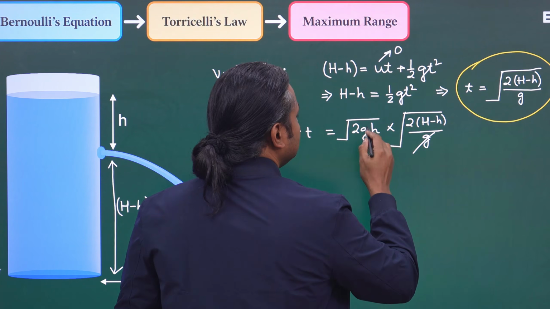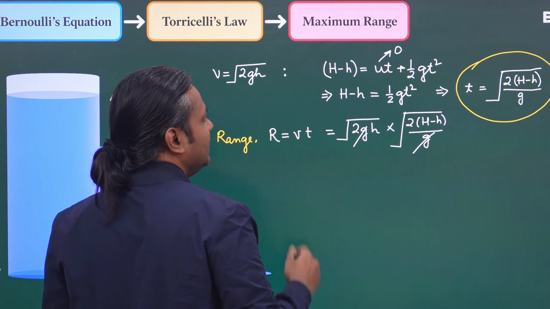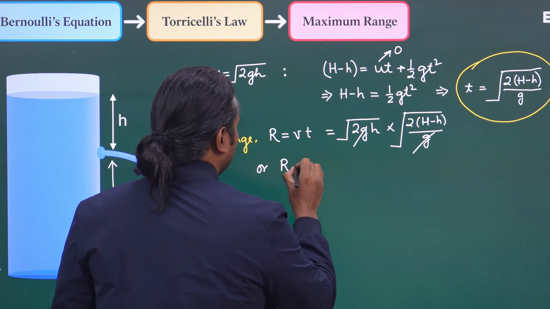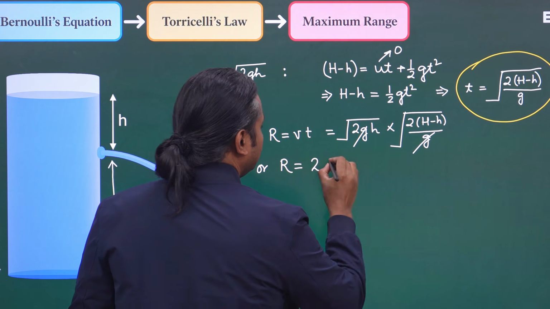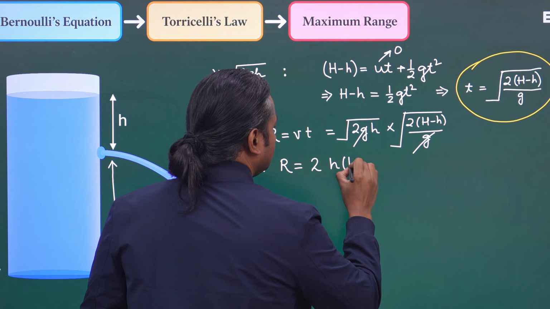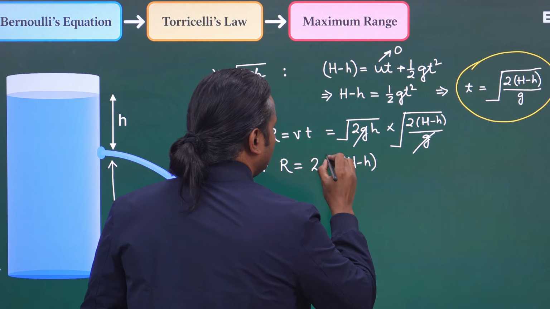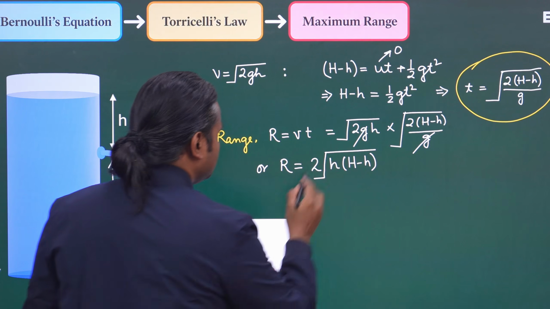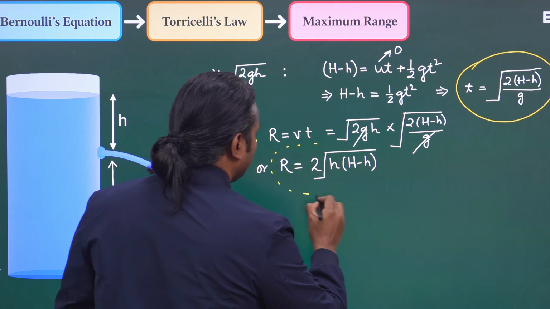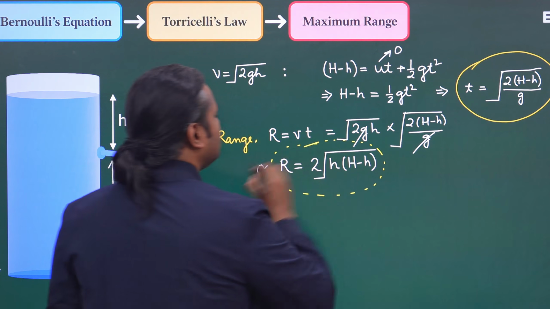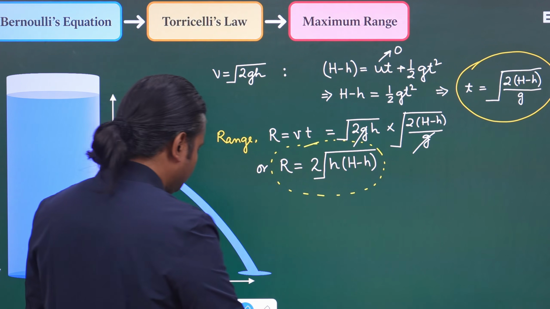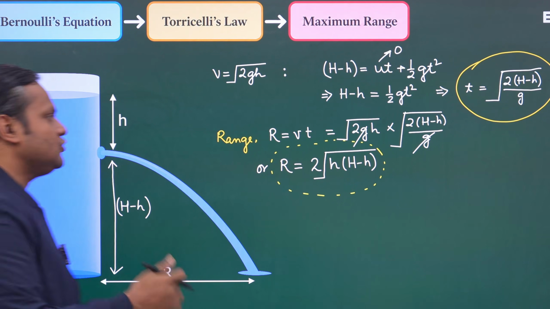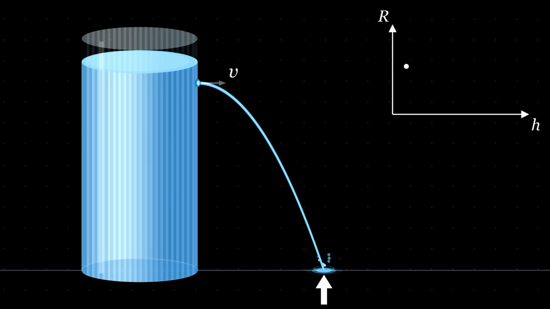So g and g get cancelled. 2 and 2 will give you 4 inside the square root, which effectively becomes 2 outside the square root, and then you have root over h times capital H minus h. That's it. Using simple kinematics equation, we have obtained the horizontal range of this particular fluid. Yeah. So when I do that, one thing becomes very interesting, that first of all, we can try to plot this in a graph.